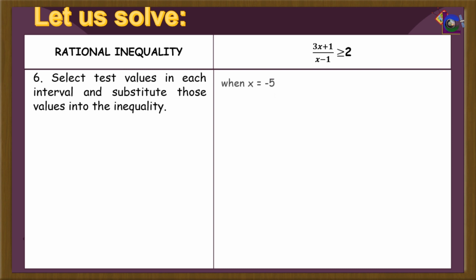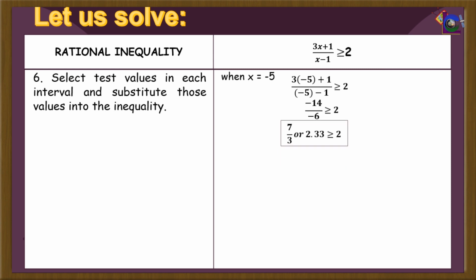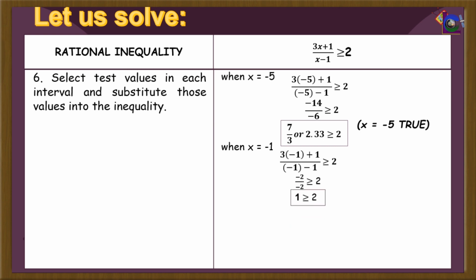When x is equal to -5, we will now substitute -5 on our original expression, which will give us 7/3 or 2.33 is greater than or equal to 2, which makes -5 true. If we will substitute -1 to our original expression, we have 1 is greater than or equal to 2, which is incorrect.